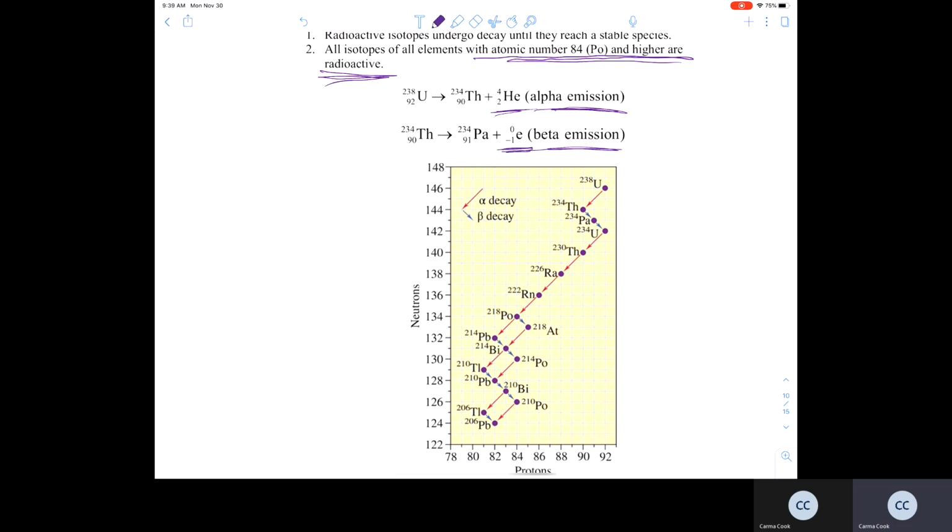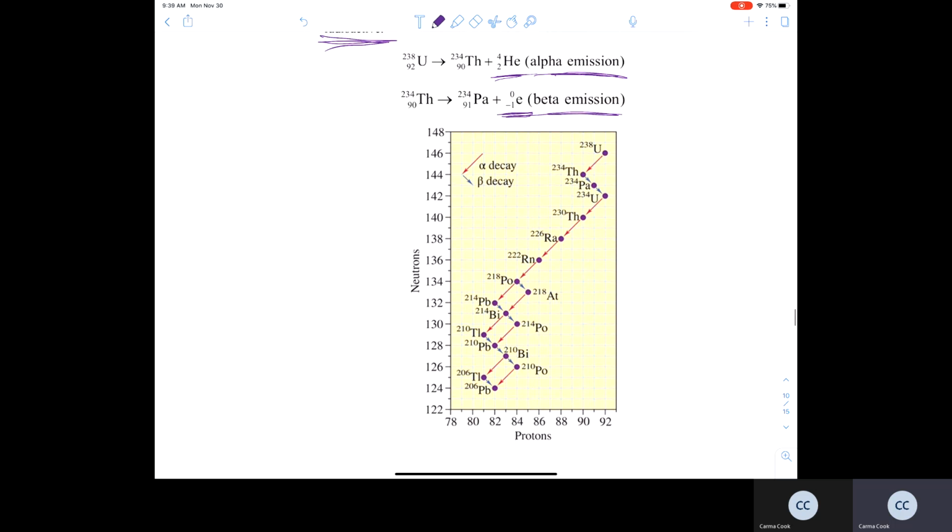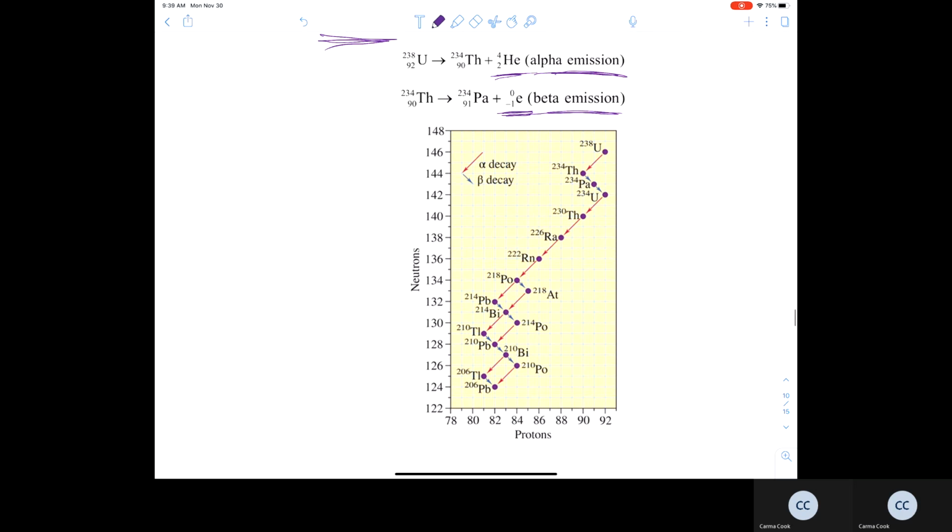So there's beta emission. And then Pa-234 with an atomic number of 91 means it's also radioactive, and it too will undergo natural radioactive decay.